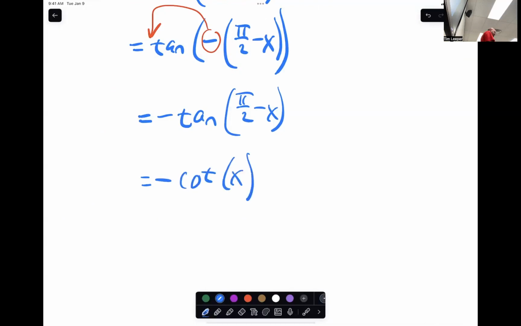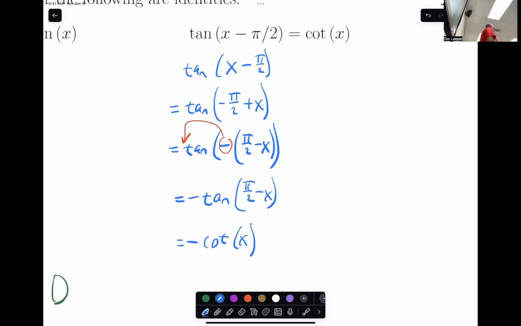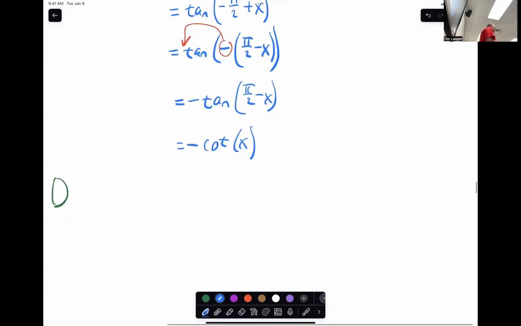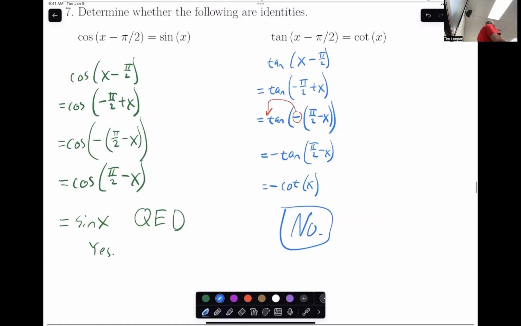Cotangent of x. Is this the right-hand side? No. Can we make it look like the right-hand side? No. So it's just not going to work. So that's it. We're done. The answer is no. So this is just not true here.